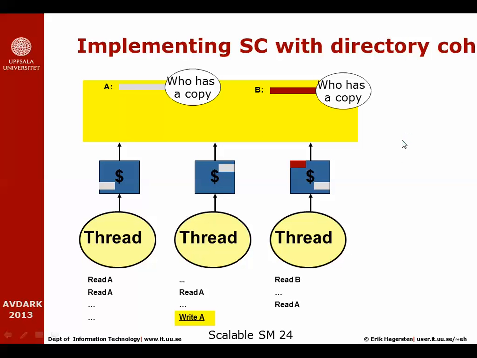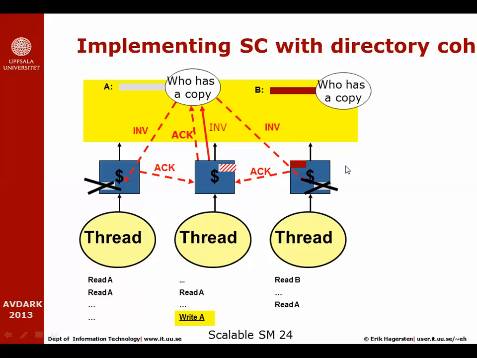So the way you implement sequential consistency, and we already saw that in the previous example, but I just would like to highlight that once more, is by sending the invalidate to the directory. The directory sends invalidates to all the caches that need to be invalidated, and you have to stand here and wait until you receive all the acknowledges from all the caches.